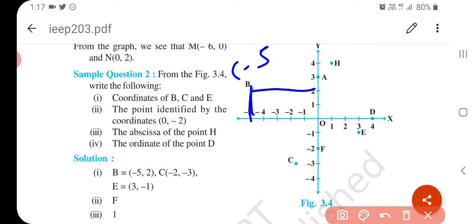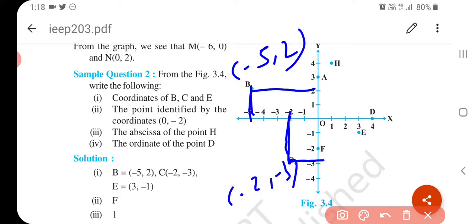So you can write -5, 2. What is coordinate of C? It's -2 and -3. What about E? It's 3, -1. Always x is the first member and y is your second member.